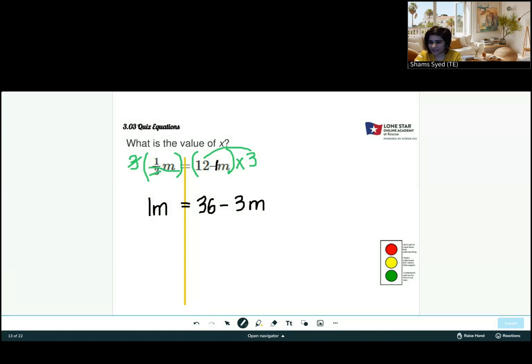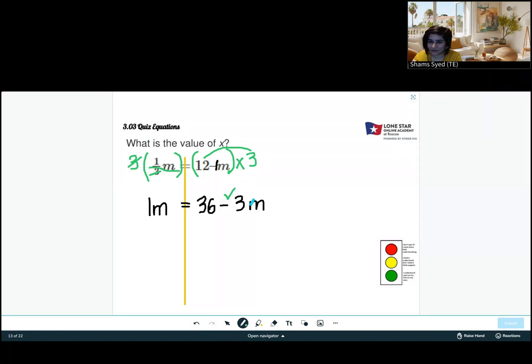Now tell me, I want to move the smaller variable. Which one should I move? Should I move 1m or should I move the negative 3m? Negative is always small. This is how you read.